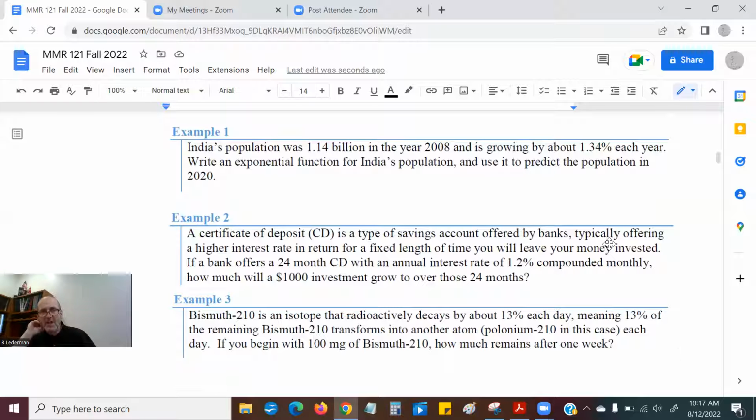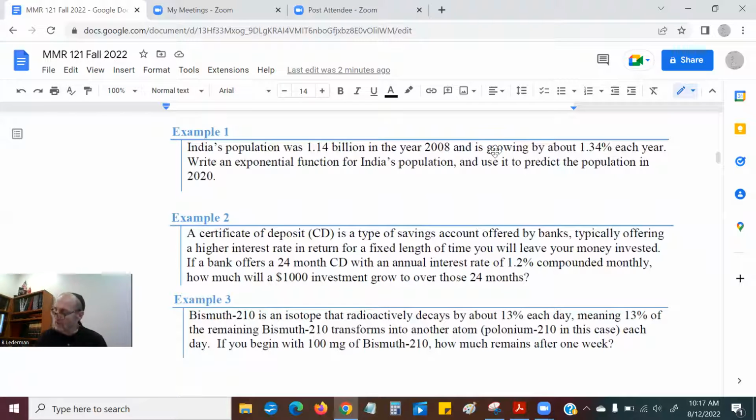In this case, 210 is just the name of the isotope. Bismuth 210 is the name of the isotope, and polonium 210 is the name of the transformed atom. I'm not saying that the number 210 is unimportant, but for what we're doing right now, it is not going to be involved in any of our calculations.